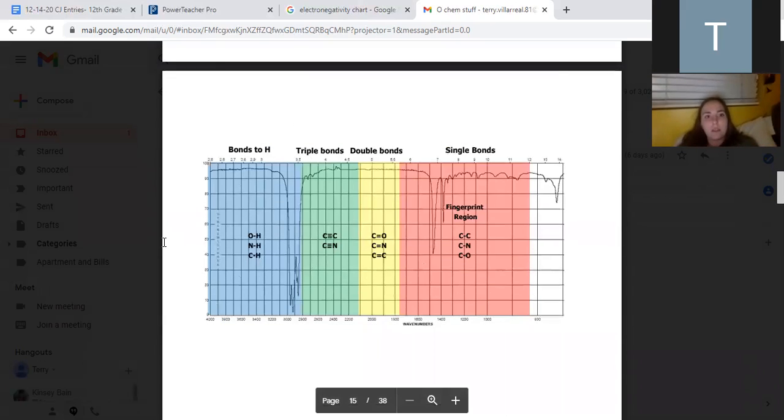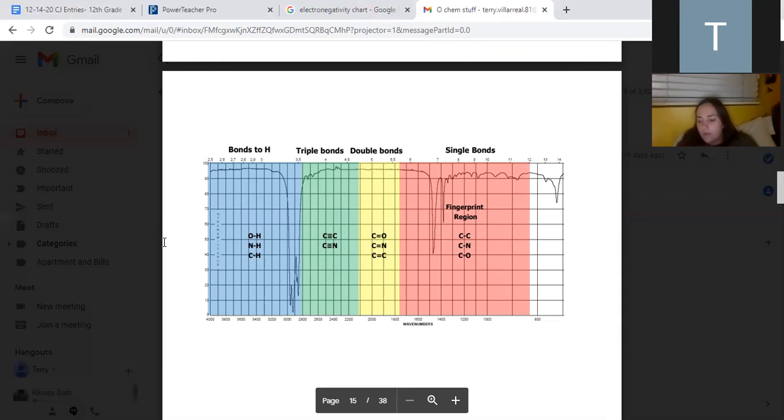Here are the functional groups. You can see that single bonds pop up right near the fingerprint region, but as we move out, we get double bond stuff, then triple bond, and then bonds to hydrogen. Based on what's happening, this is where we're going to see things.